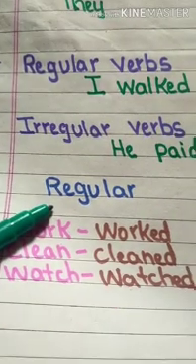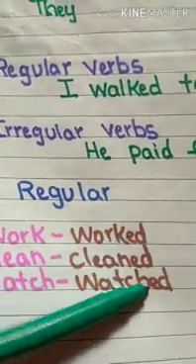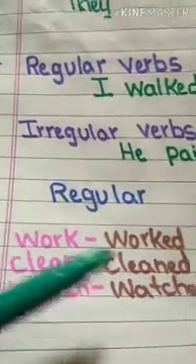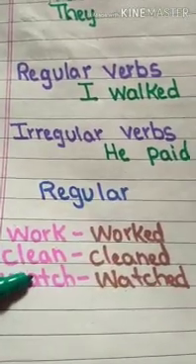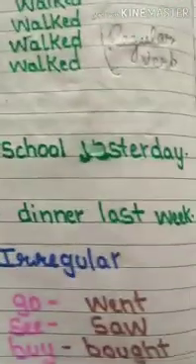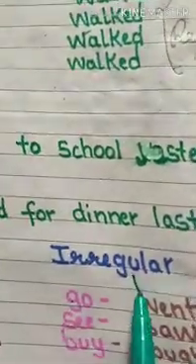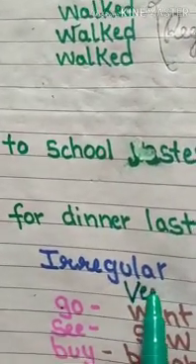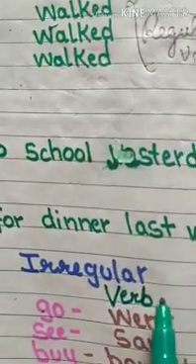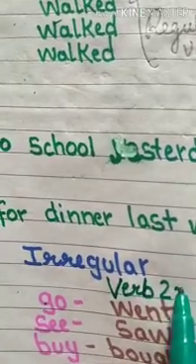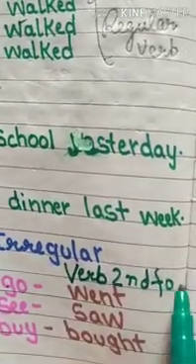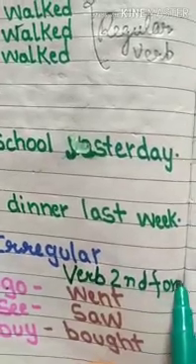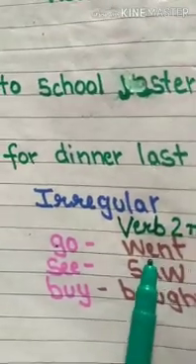So in regular verbs we use ed. Work, worked. Clean, cleaned. Watch, watched. And in irregular verbs we use the verb's second form. Go, went.